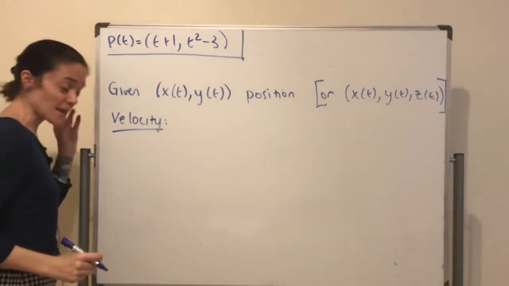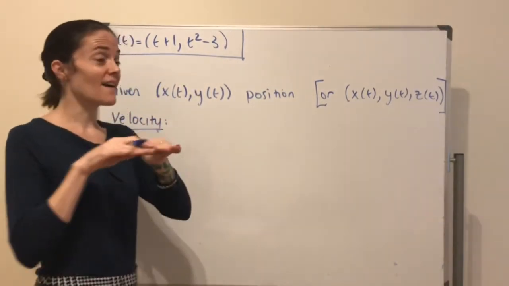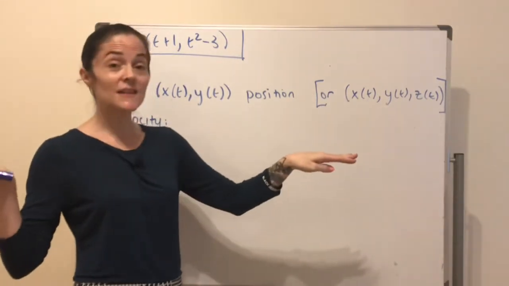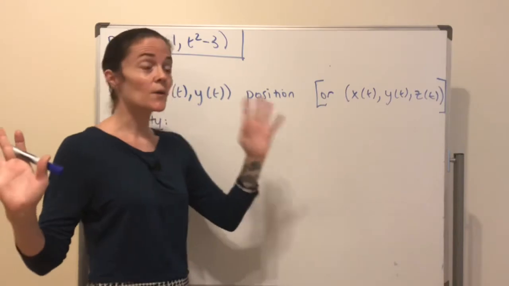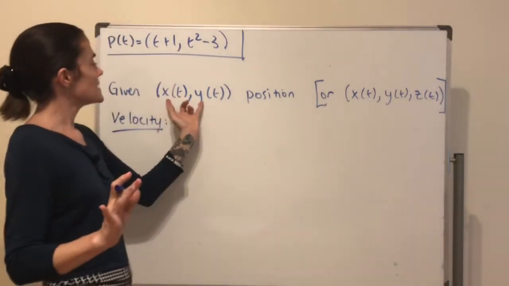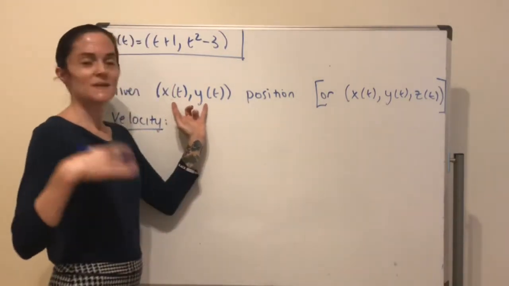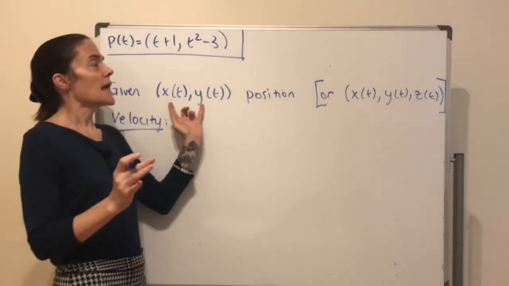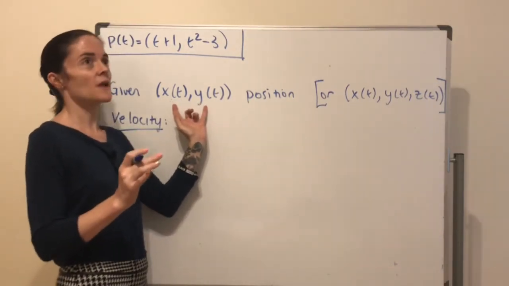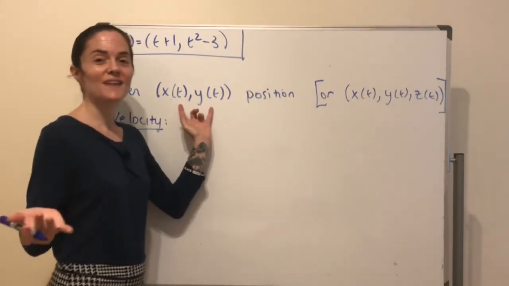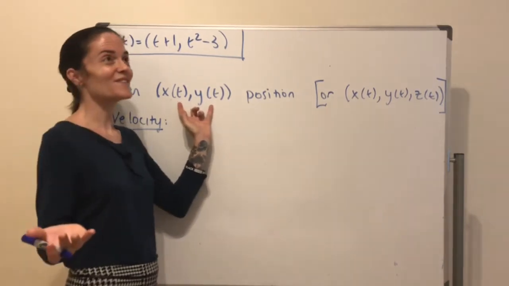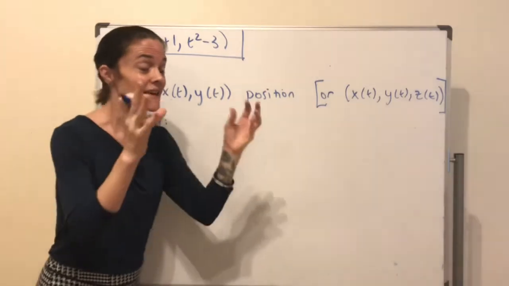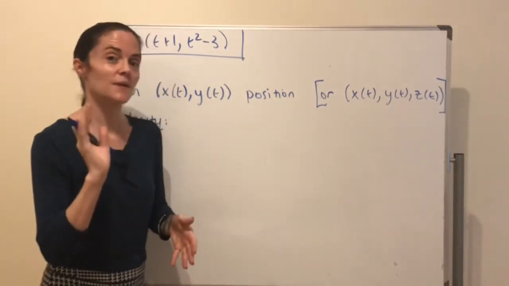Well, the velocity, let's think. If we think back to motion along a line, to get the velocity, we just differentiate. Okay, well, this is a tuple, right? It's what's called a vector. And how are we going to find velocity here? Well, the beautiful thing when you have a vector valued function is we just differentiate each component.